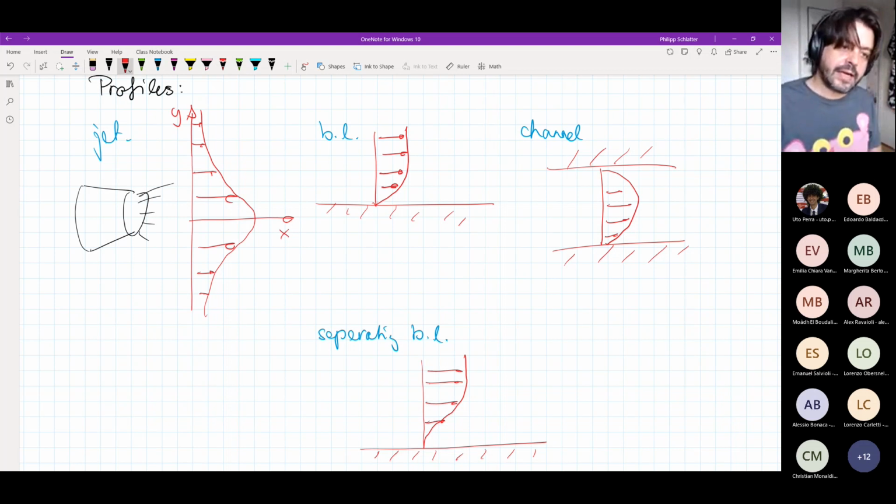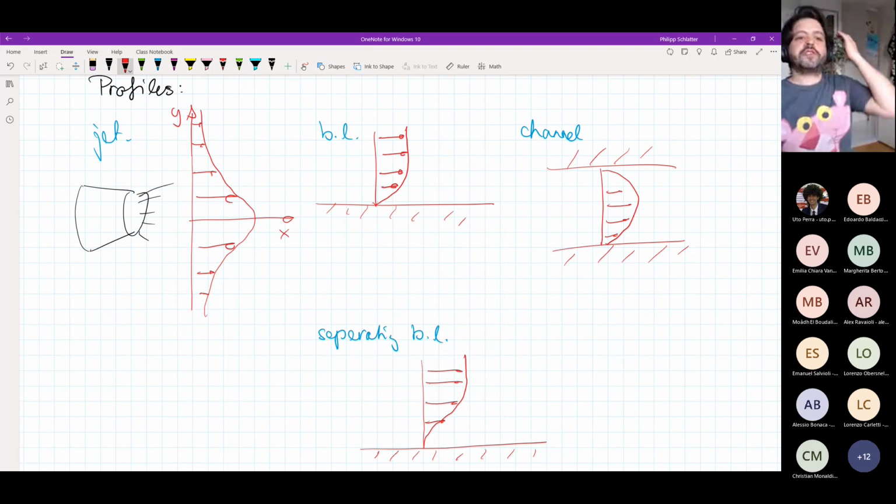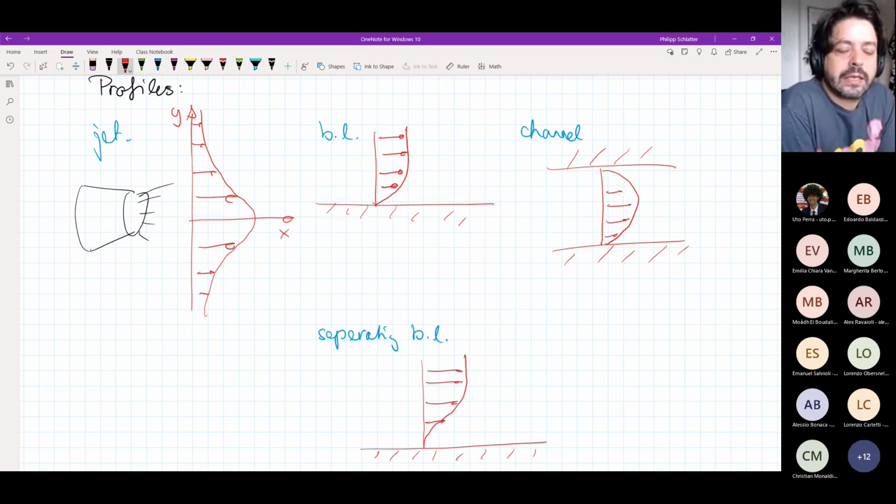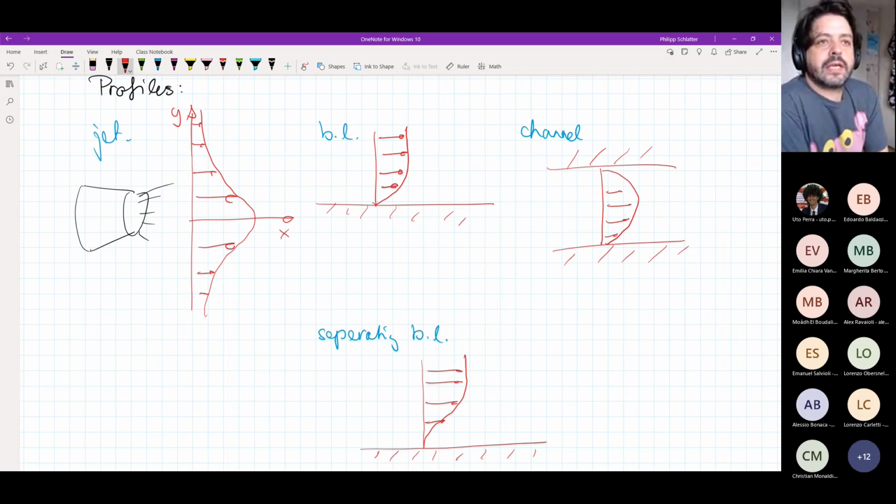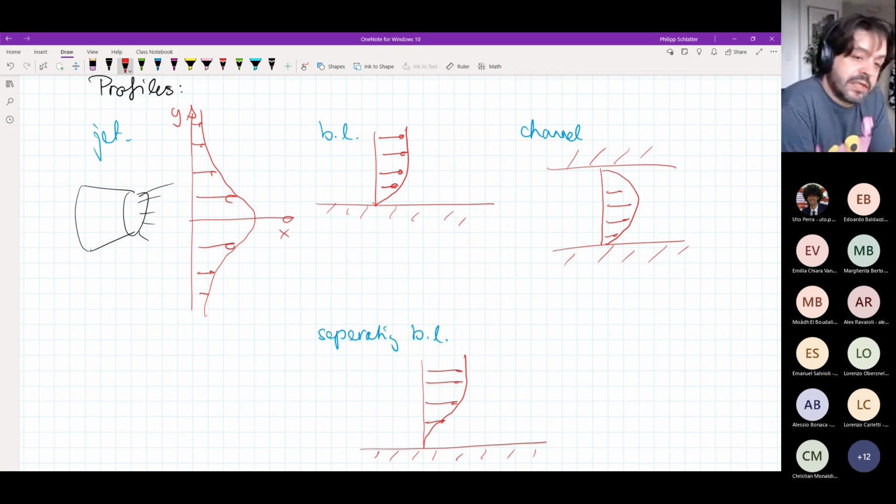Now, of course, there's one interesting point here. These profiles that I drew here obviously were derived based on viscous equations for the base flow, because otherwise you would not have no-slip boundary conditions, and no-slip boundary conditions obviously are a viscous effect. But that's the idea here. We have a profile that may come from viscous effects, but now the question is, how does the instability on top of these viscous profiles look?